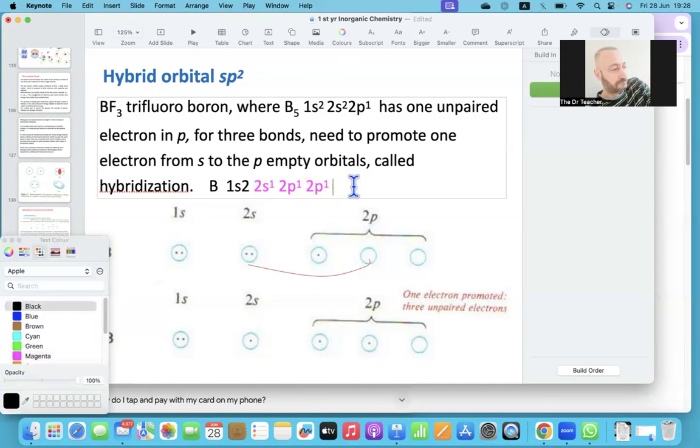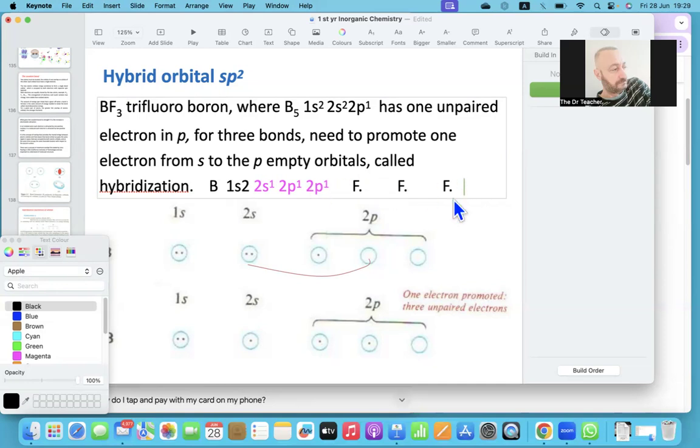Each with a single electron, ready to combine with F. Let's leave the dot here as 1 electron, F, 1 electron, F, 1 electron. So now they are ready to combine.